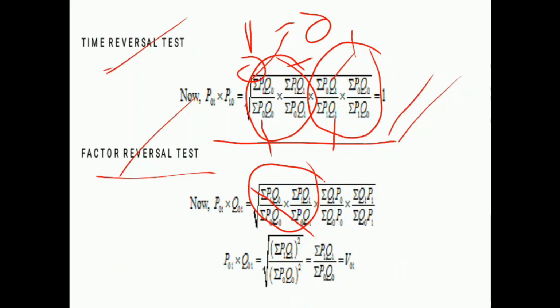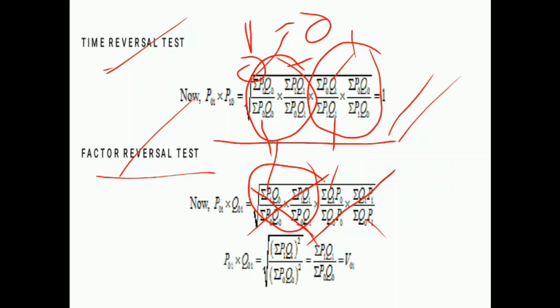The diagonal values from right to left remain: P1 Q1, P1 Q1, P0 Q0, P0 Q0 are the same. But the diagonal values from left to right get changed. P1 Q0 will be changed to P0 Q1, and P0 Q1 will be changed to P1 Q0.